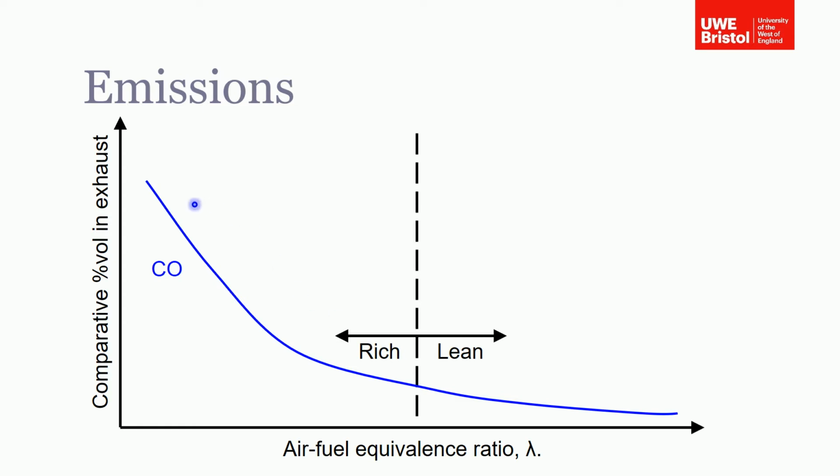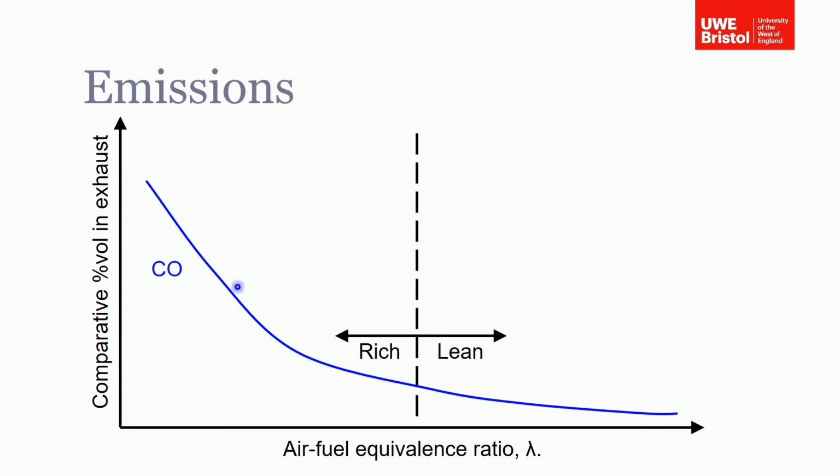So we said, if you remember at the start of this session, that carbon monoxide is formed due to incomplete combustion. So basically when it's fuel rich, oxygen lean. So there's not enough oxygen to go around. So it makes sense that when you're fuel rich, you have a lot of CO, because there's not enough oxygen to fully combust, to achieve complete combustion.